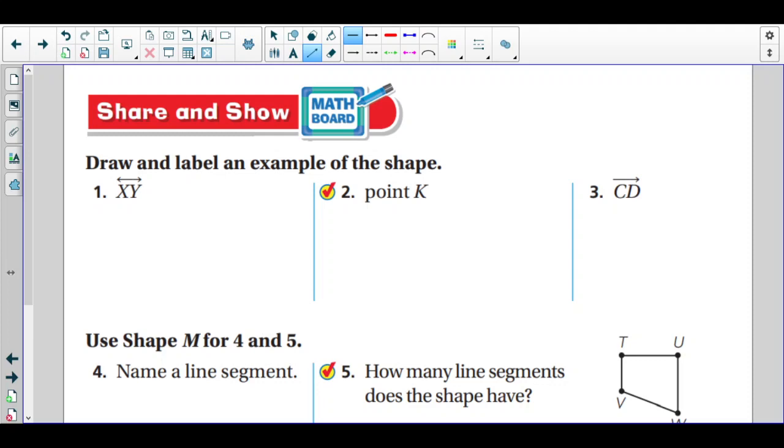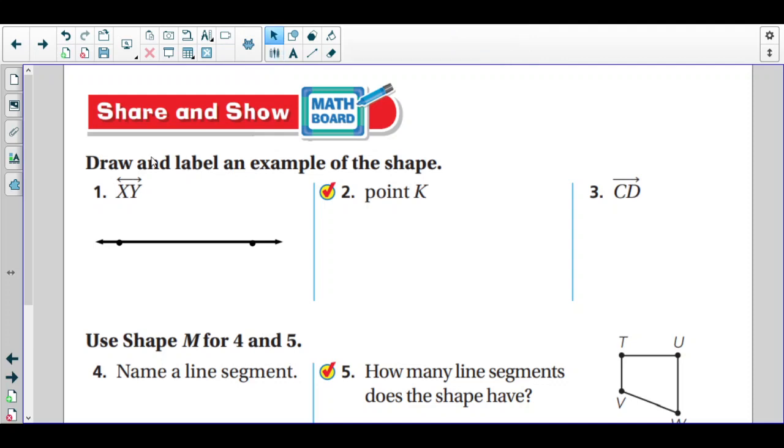It says to draw and label an example of the shape. Well, what we have is XY, and we have our symbol for a line above it. And so what we are going to be doing right there is drawing a line. And the other thing to remember is when we are making our points, they need to be inside of the arrow.